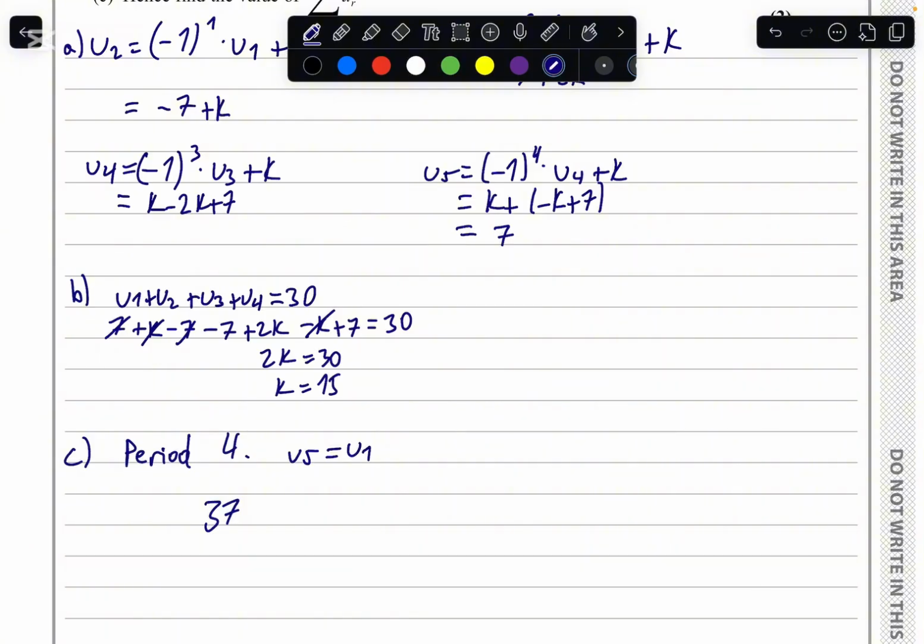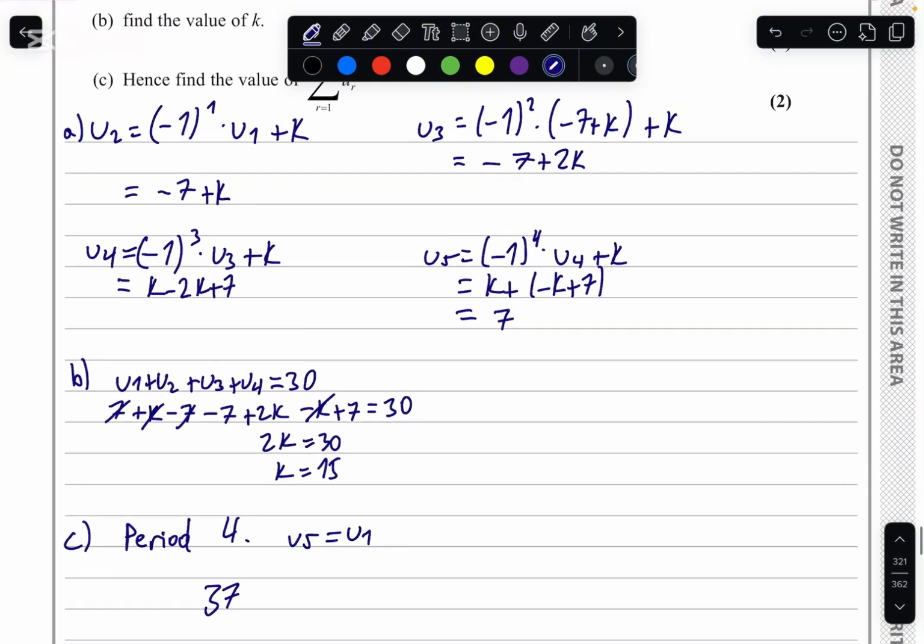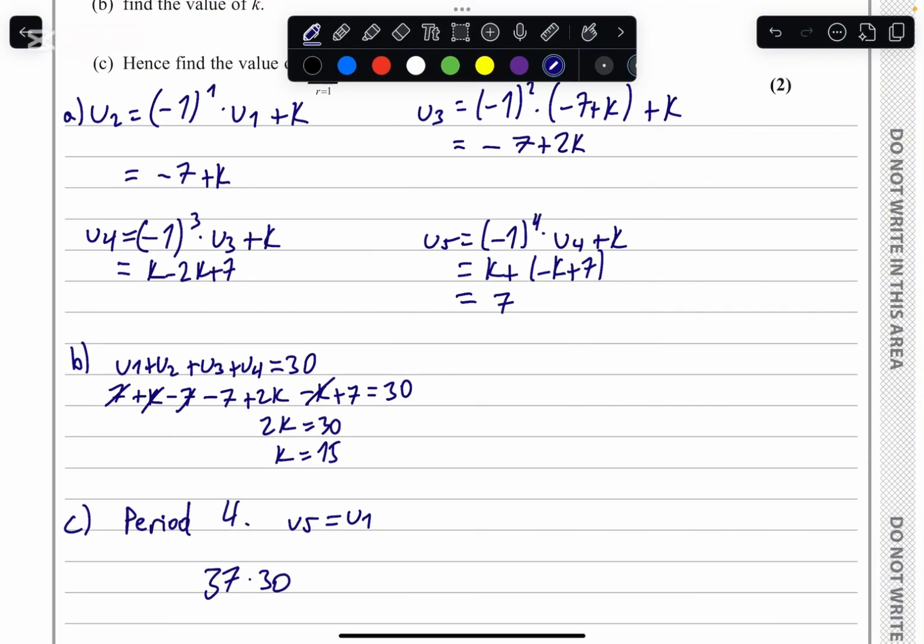And we know that the sum of u4 is 30, so 37 times 30. And 150 divided by 4 gives us a remainder of 2. So that means plus u1 plus u2, which gives us an answer of 1125.